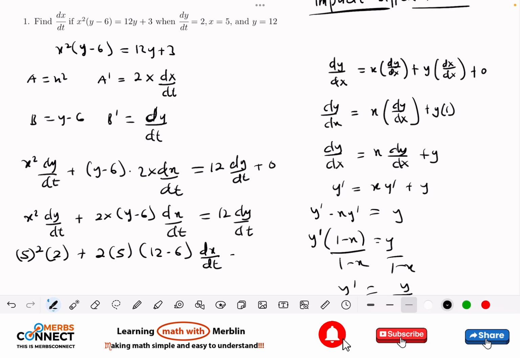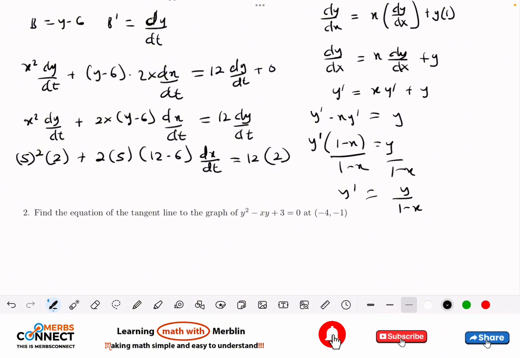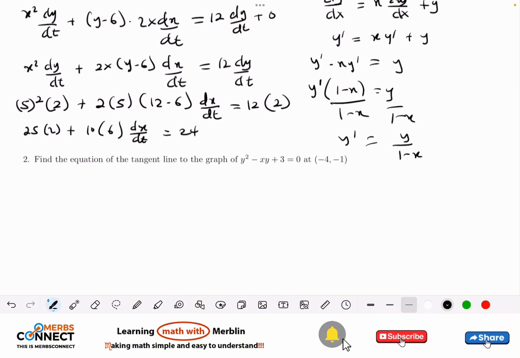So now this is equal to 12 times, what is dy over dt? 2. So this is what we are going to get. The rest is just to simplify. So 5 squared is 25 times 2 plus 10 times 6 dx over dt is equal to 24.